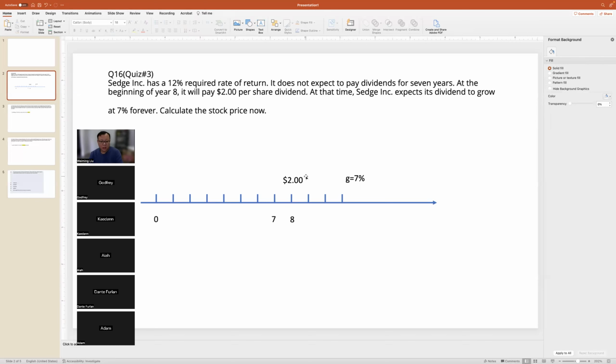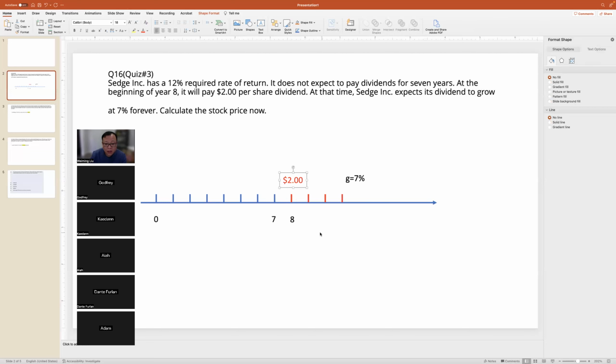Basically, I have a perpetuity. I'm going to use this red color to represent it, starting from year 8 and lasting forever.